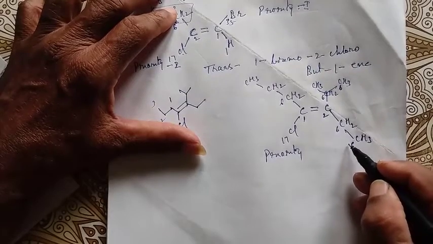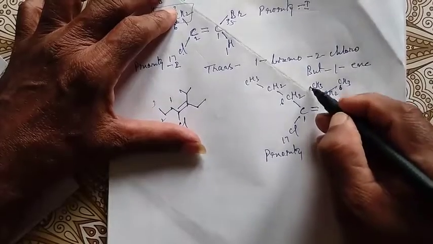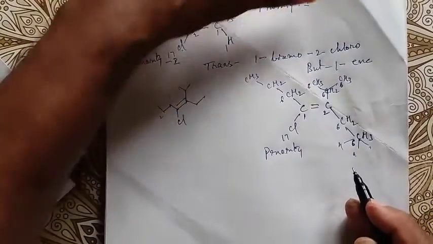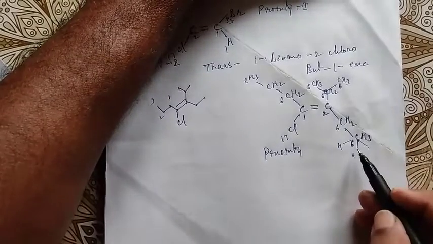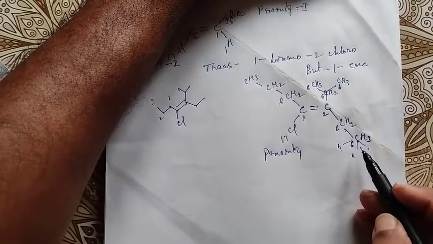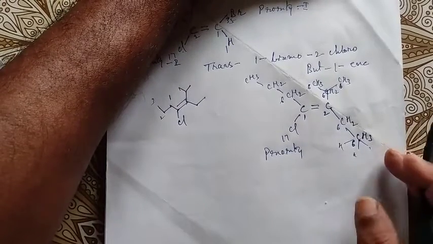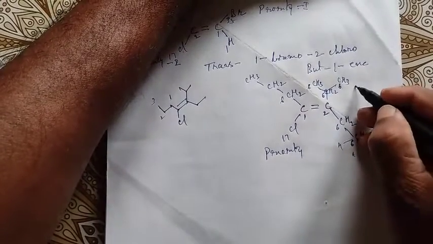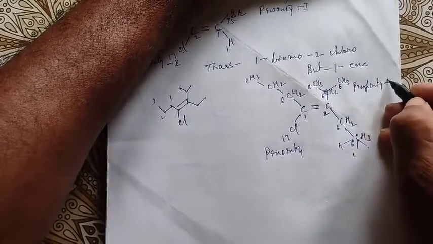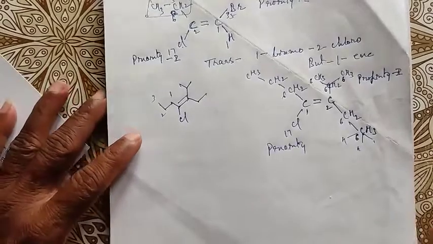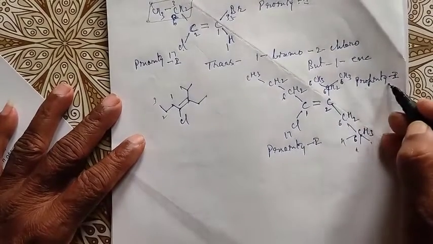What are the third atoms here? Hydrogens. Whereas the third atom here is carbon. So third atoms are different. As third atoms are different, you have to give the priority based on the atomic number of the third atoms which are connected to the doubly bonded carbon atom. Therefore, isopropyl has priority 1.